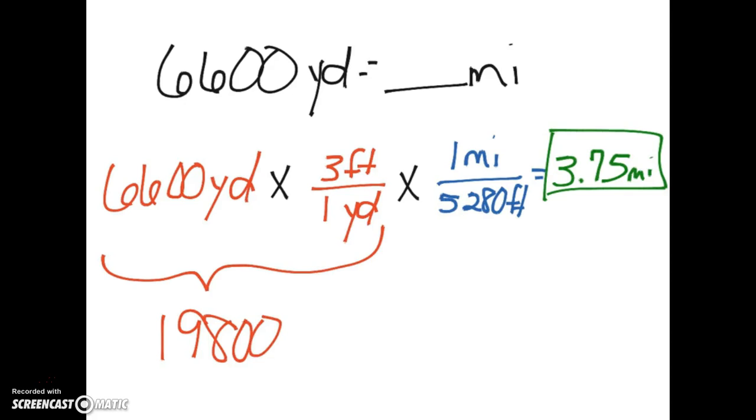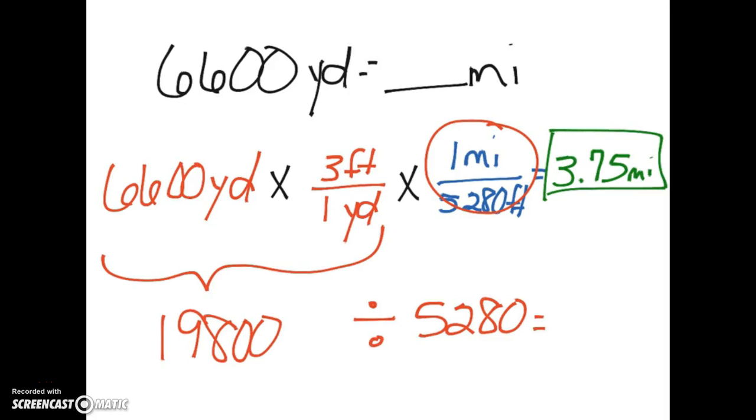So this 1 over 5,280 feet is really the same as dividing by 5,280, because that 5,280 is on the bottom of the fraction, in the denominator. That's the same as dividing by it. So keep that in mind, and that is how they get the exact same answer.